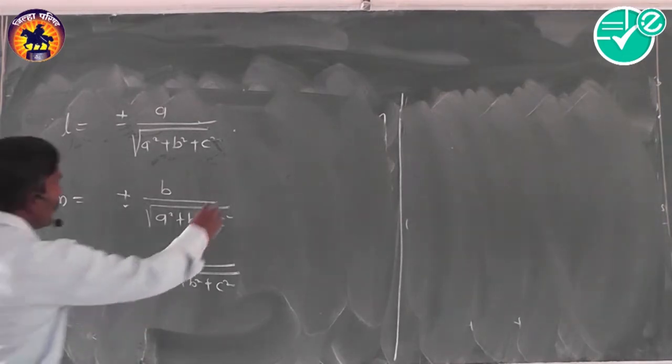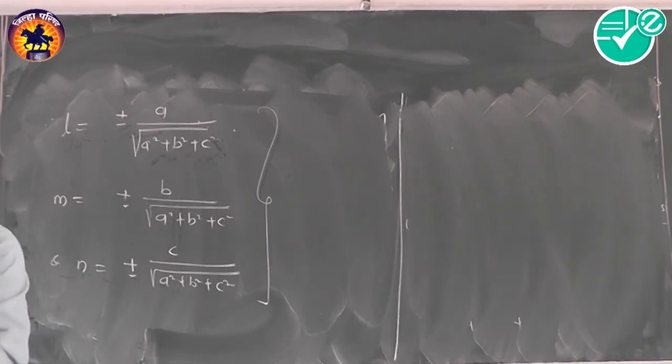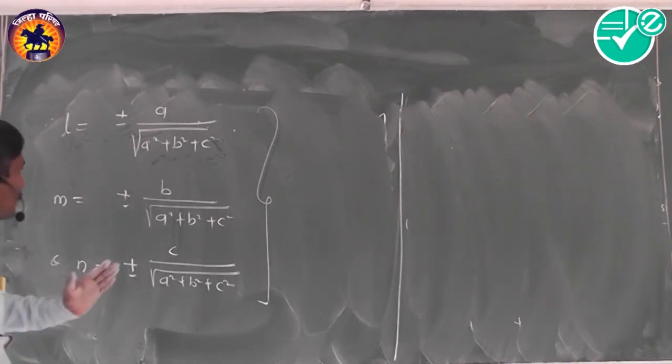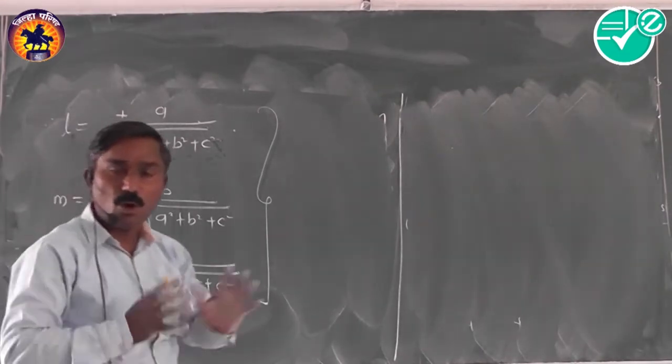So this is important, because it is the relation between direction cosine and direction ratio of the line.